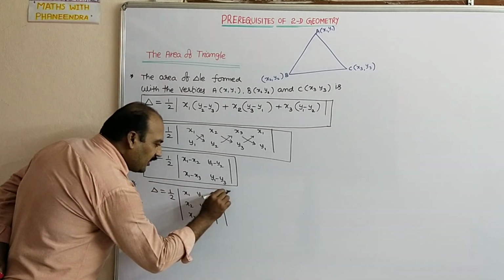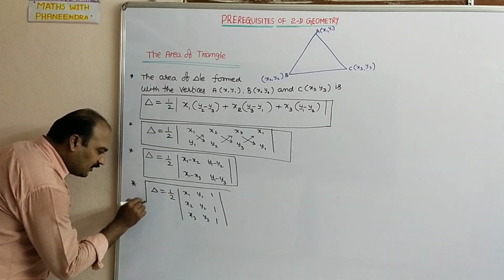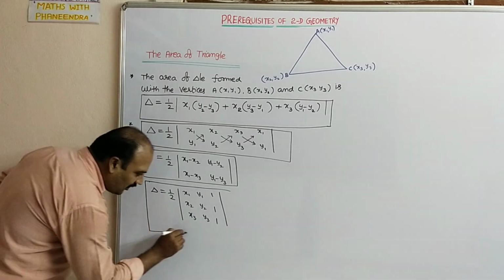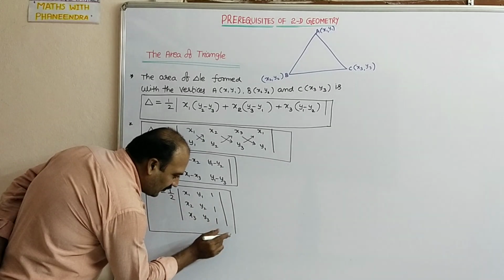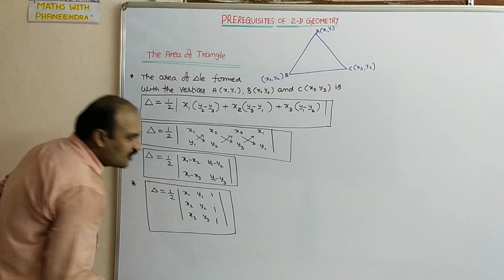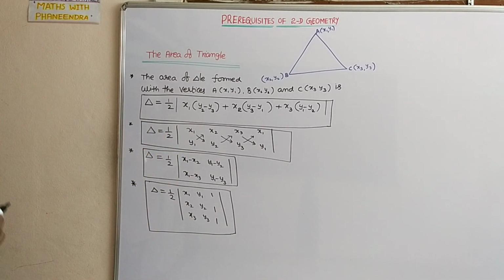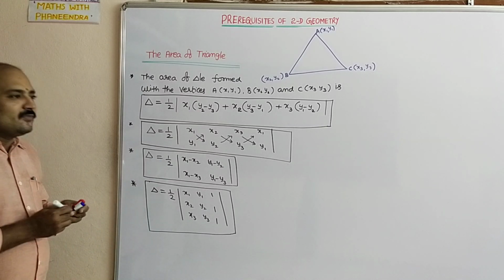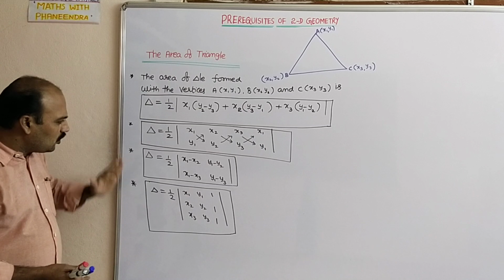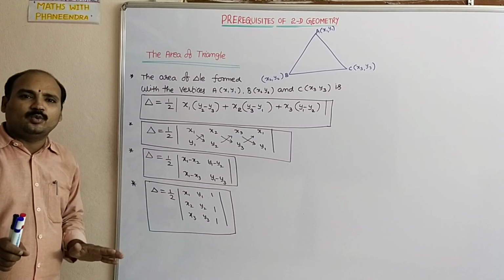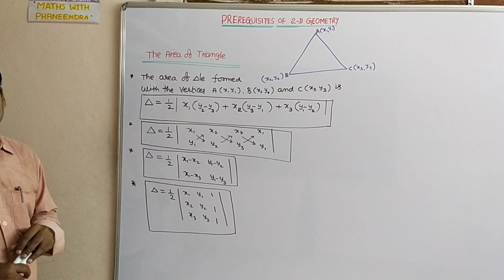After that, you have to expand the 3 by 3 determinant and get the area of triangle ABC. These are the formulas we are going to apply to get the area of triangle ABC. Among these four, whichever is convenient for you, you can utilize.